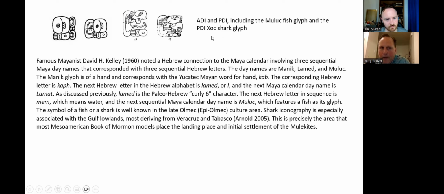Mayanist David Kelley connected three day names in the Maya calendar that correspond to three sequential Hebrew letters, which I found interesting because I also found that the month numbers are sequential in the Hebrew.